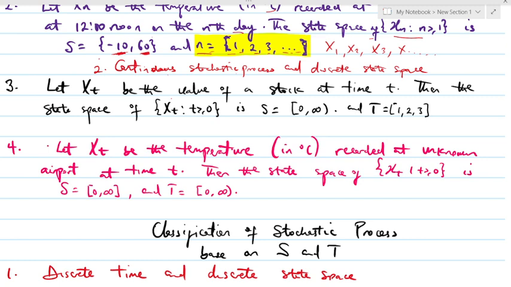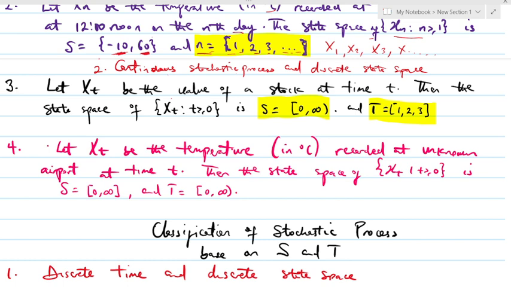Then the state space is 0 to infinity, and t is 1, 2, 3. So let's analyze it now. Here, take note of this and this. These are the state space and the t, which is the domain of our time, or of the number of times we want to find.